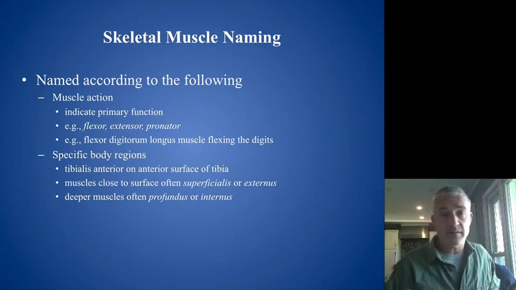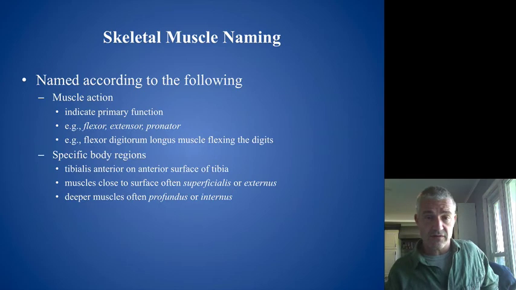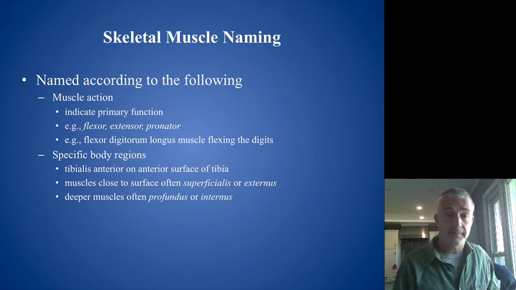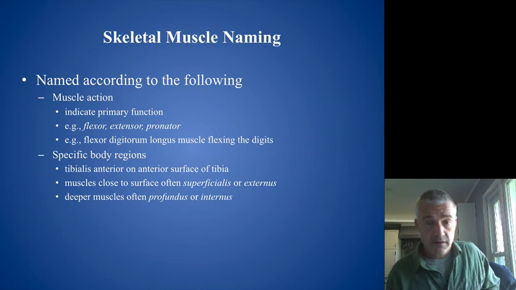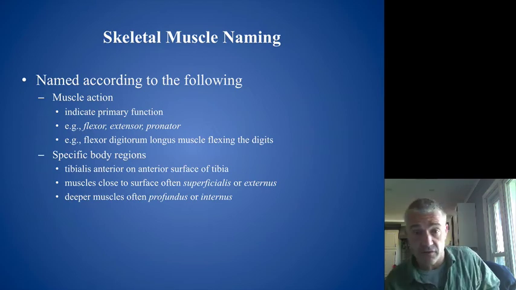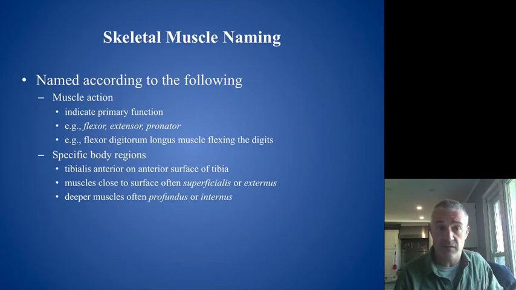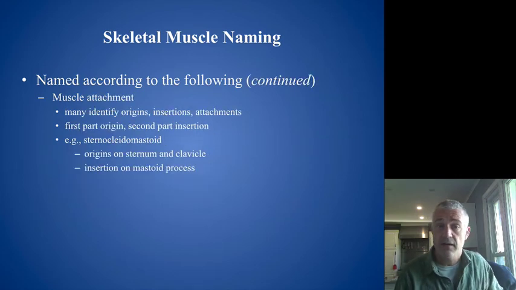Other times it's going to be a specific body region. So tibialis anterior, for example, is in the front of the tibia. Superficialis and internus are ones that could be closer to the surface or deeper into the body. So that gives you that idea with specific body regions. The other thing here is that muscle attachments are a lot of times used in this.